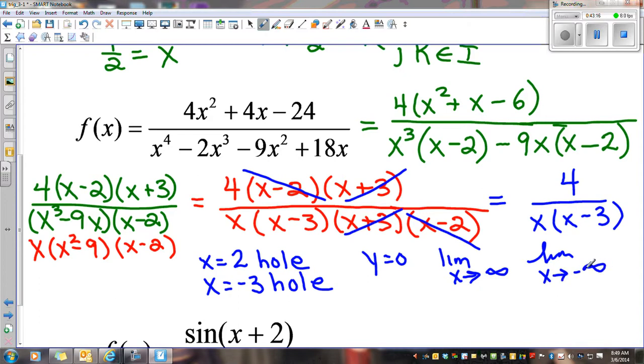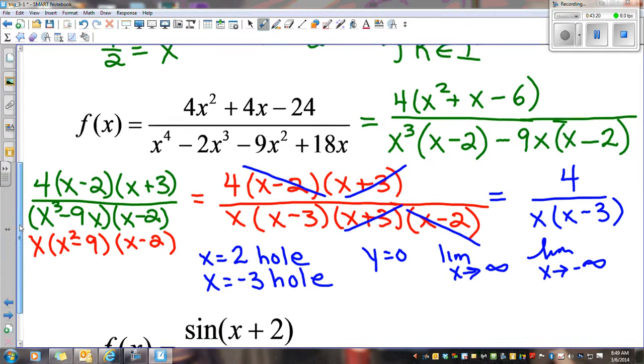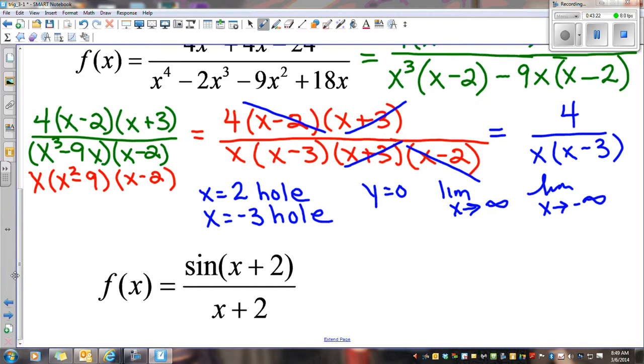Now, talk to me about the bottom. Do I have any vertical asymptotes? Yes, x equals 0, x equals 3. Now, because if I put a 0 in there, what happens to the bottom? It becomes 0. I'm not allowed to be that. If I put a 3 in there, what happens to the bottom? It becomes 0.